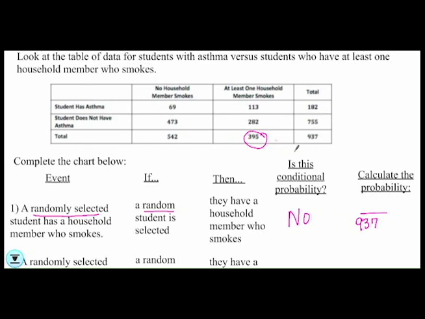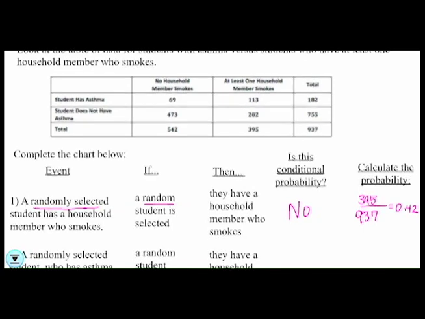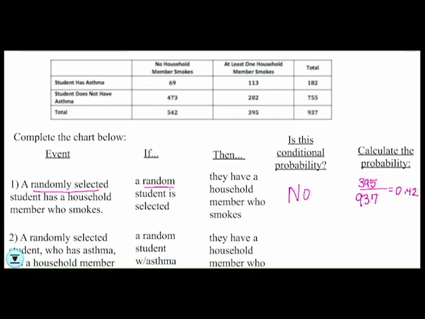So I'm going to look at the total: 395 out of the 937. That probability is about 0.42, or 42%. So the probability of this event happening would be about 42%. But this was not conditional probability, so let's take a look at the next one.